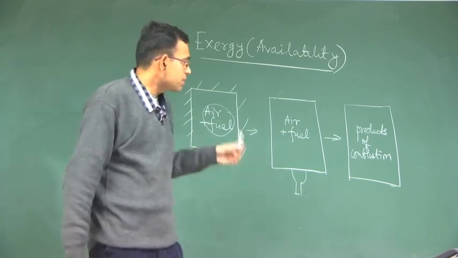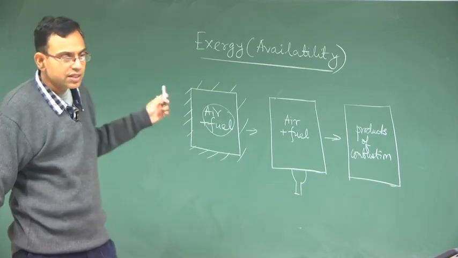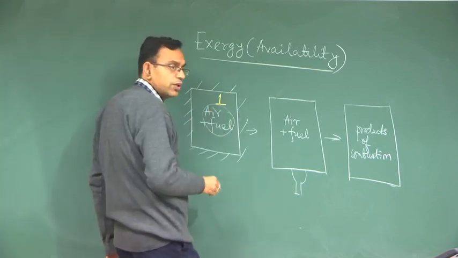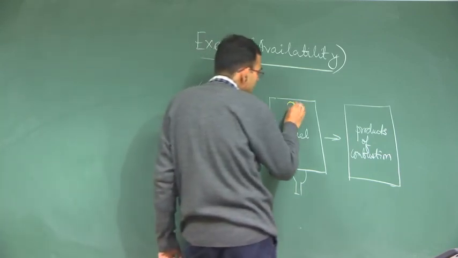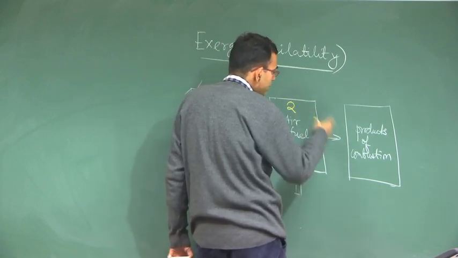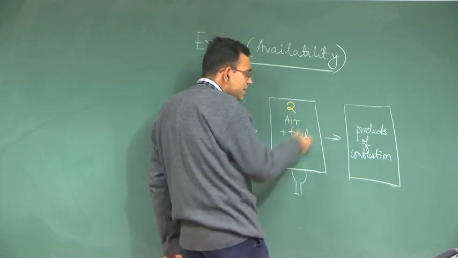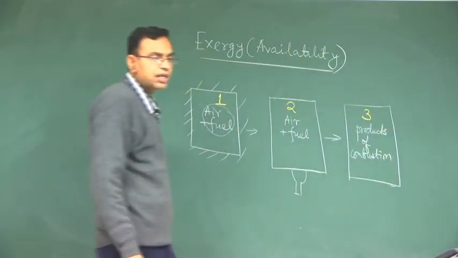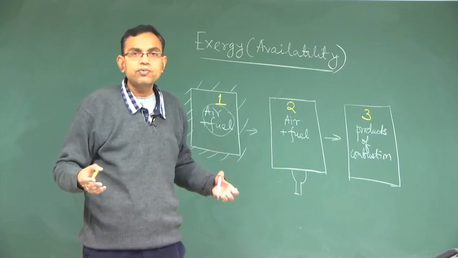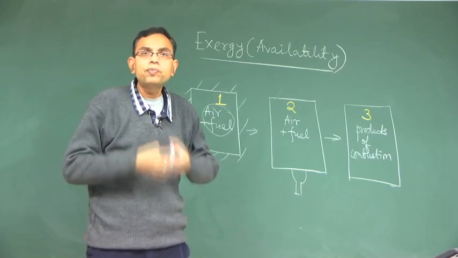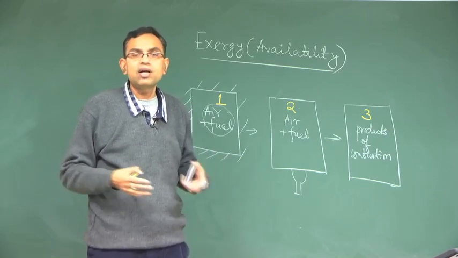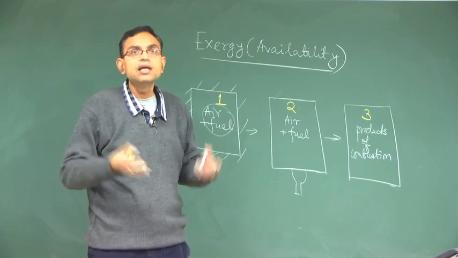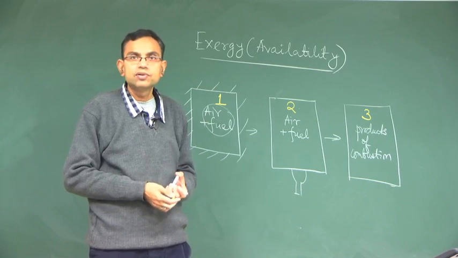So, in terms of potential to do work, out of these three cases, which one is maximum? This has the greatest potential of doing work. This is still less, but the combustion is not complete, so you could still extract some work out of this. This in equilibrium with the surroundings is at a state where it has lost all potential of doing work, and this is called the thermodynamically dead state when it is in equilibrium with the surroundings.